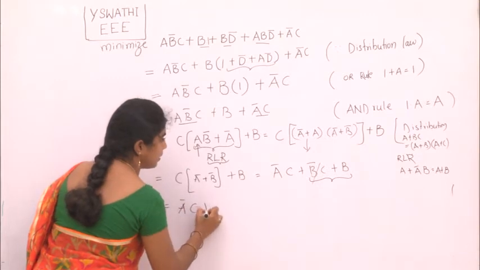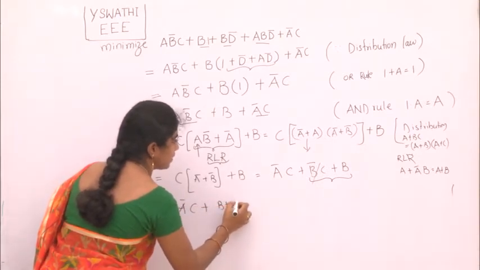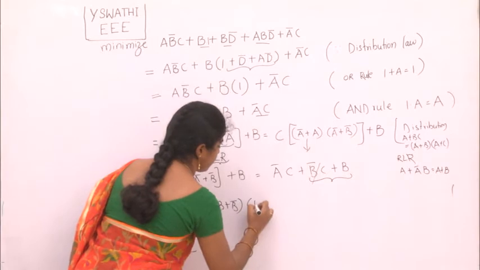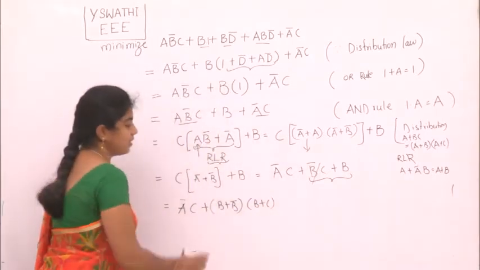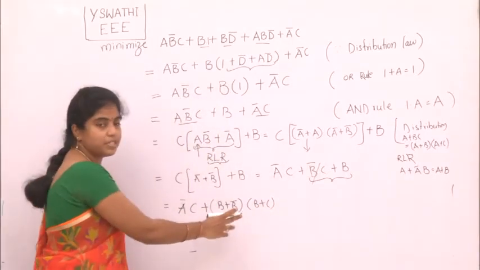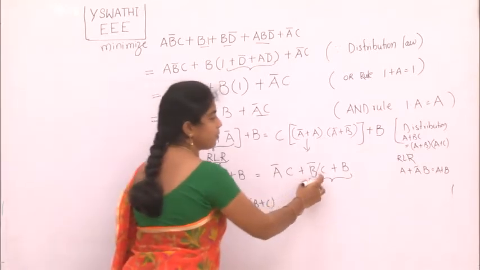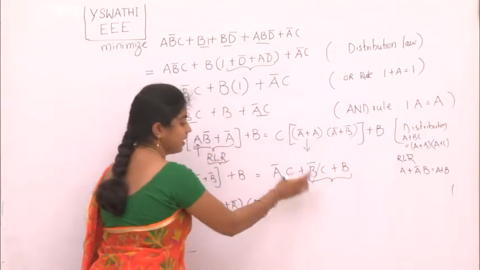A bar C plus B bar and B plus C. This we are writing based on the distribution law. Otherwise, from RLR you can directly drop this literal.